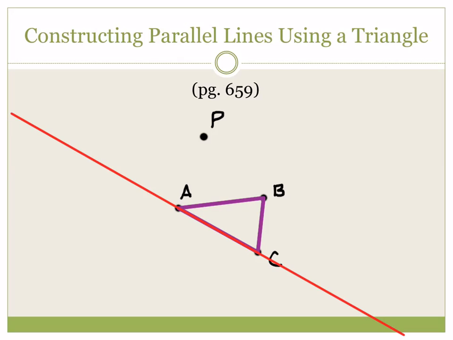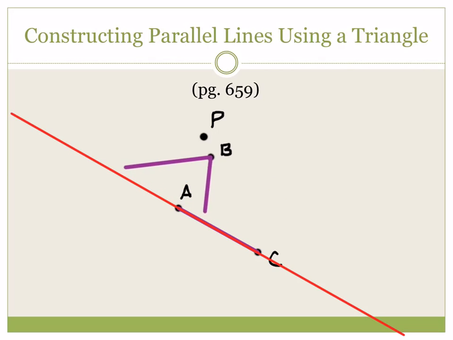If you had a little piece of paper cut out to be the exact same size as the triangle, you would slide it up so that the side AC is still on the red line I've drawn, sliding it until it hits point P up in the air. On my screen, I think I might be able to do that. I'm going to try.